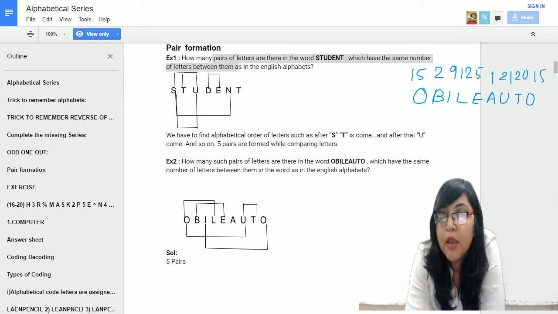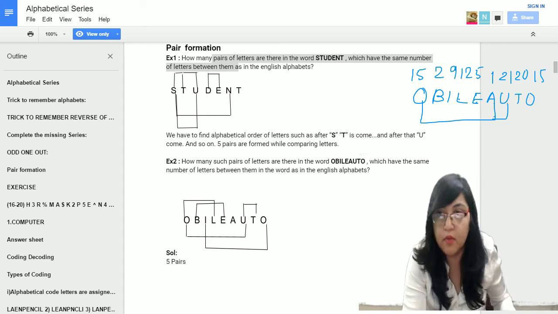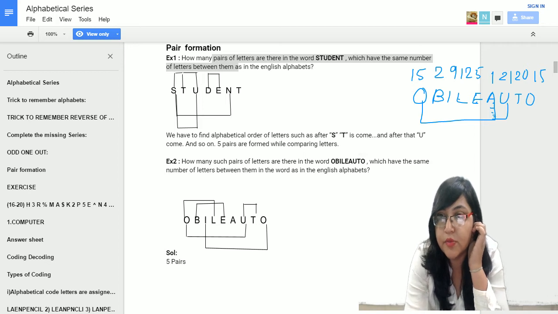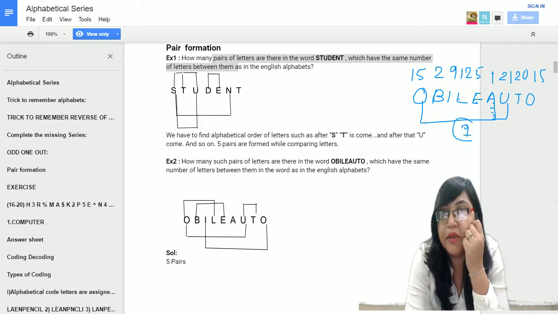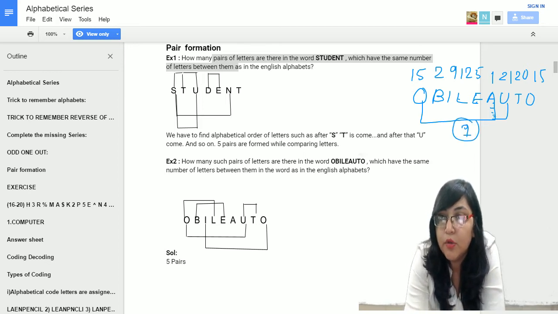Okay, let's move. 15, 16, 17, 18, 19, 20, 21. So we have a pair over here. Okay, 19, 20, 21. So this is a pair. Next 21. Do not stop over here, students. You have to move forward. 22, 23, because there might be another pair as well.